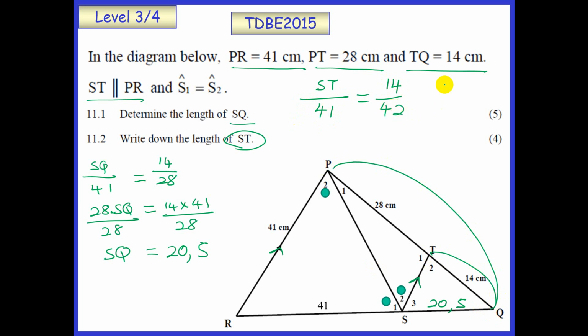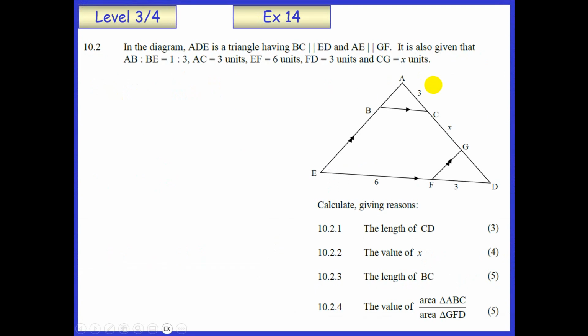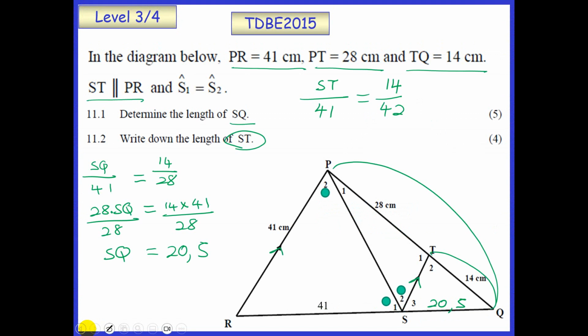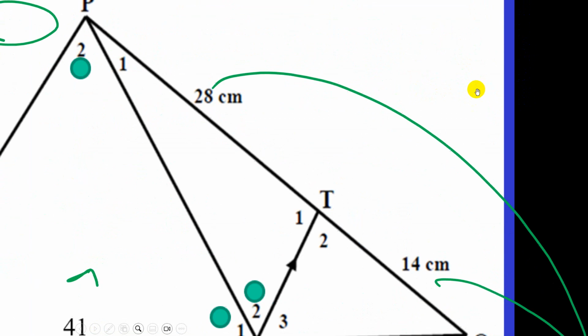And the reason for that is similar triangles, all right? That means triangle QTS is similar to triangle QPR.